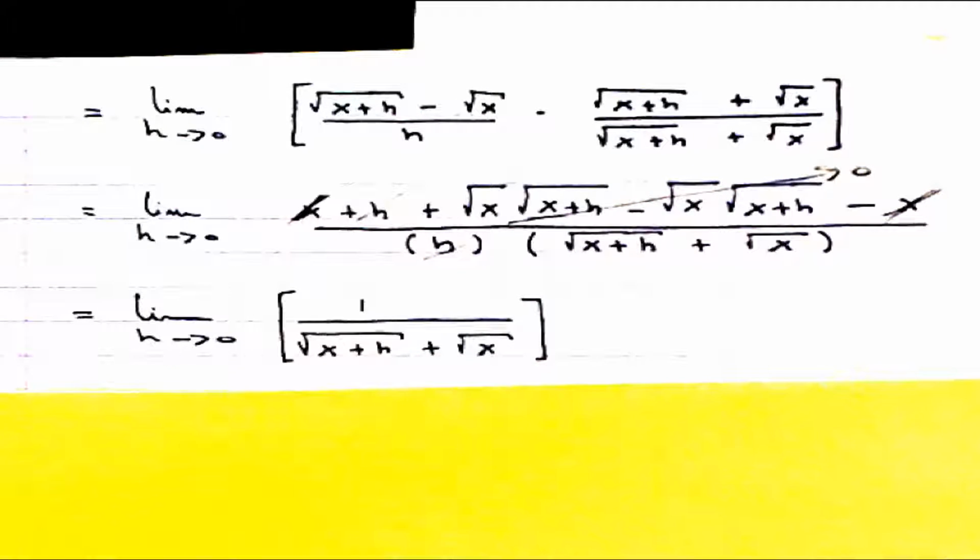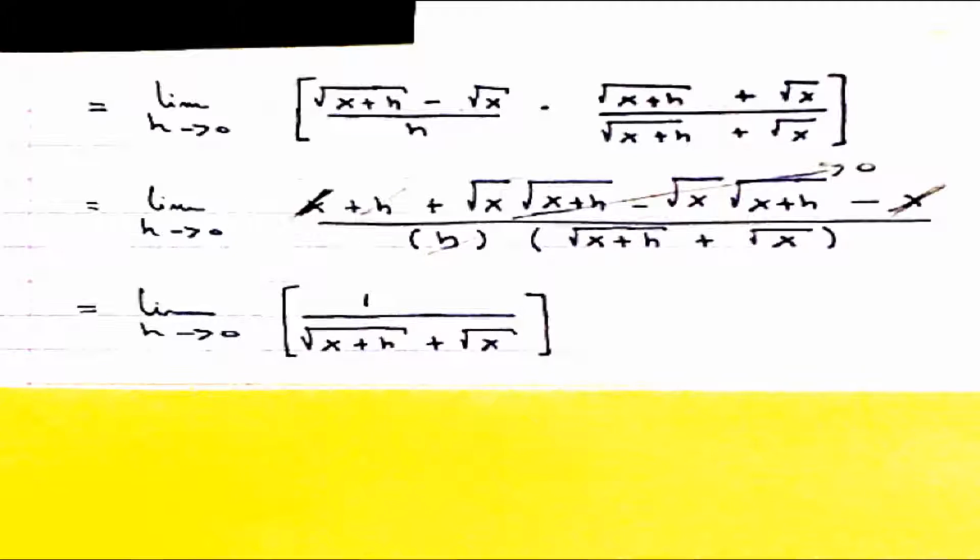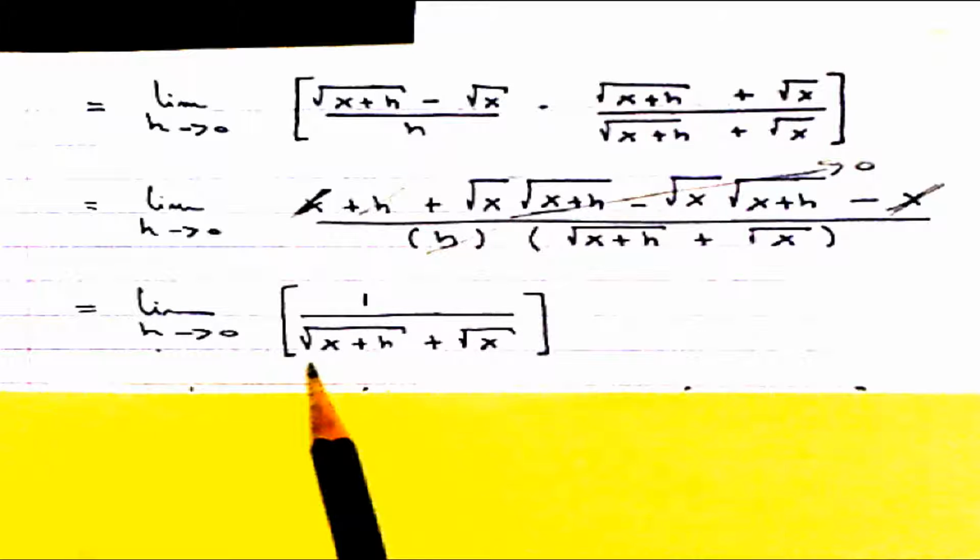And this is the bottom up here, which is 1 over the square root of x plus h plus the square root of x. Remember, you haven't taken the limit yet. It's still there. Now it's about time to take the limit, which is h approaching 0, into my function.